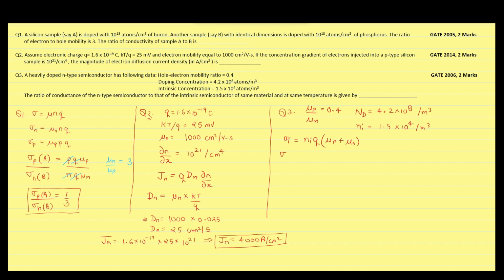For n-type semiconductor, conductivity is equal to, and also we can assume the free electron concentration to be approximately equal to doping concentration. Also, you can see that doping concentration is significantly greater than intrinsic carrier concentration.